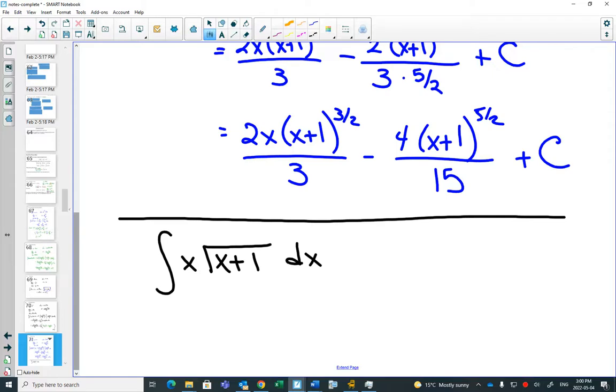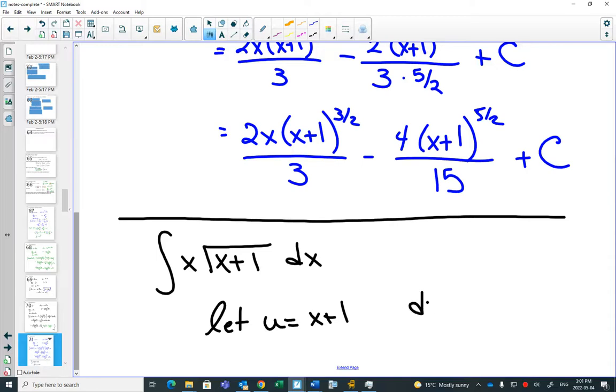When you normally use substitution, you look for an inside function. Okay, x plus 1 is inside the function, and its derivative is present. So substitution would say we let u equal an inside function, x plus 1.